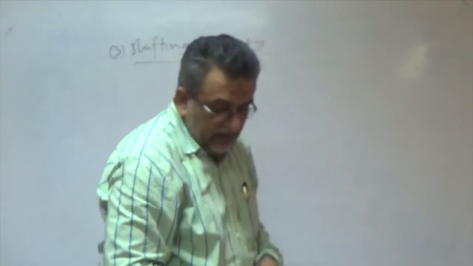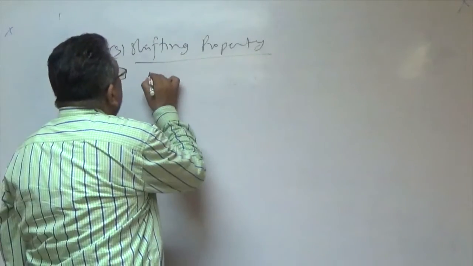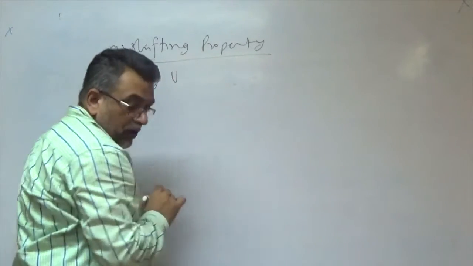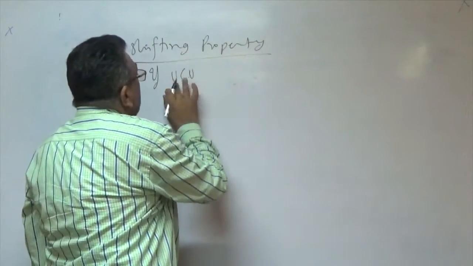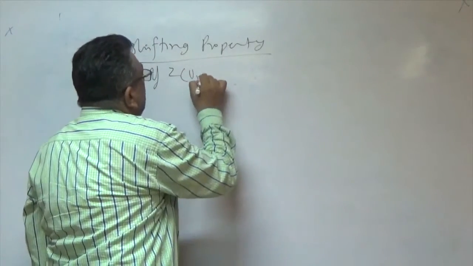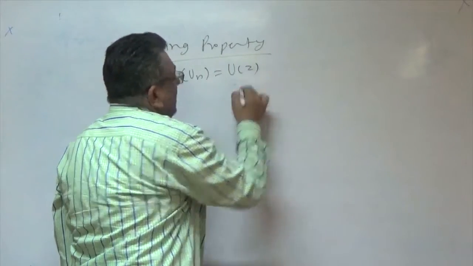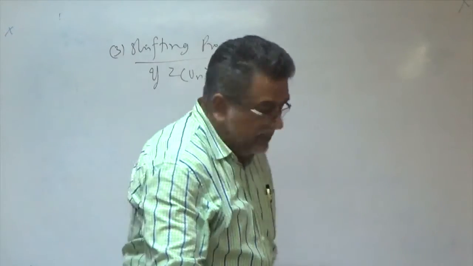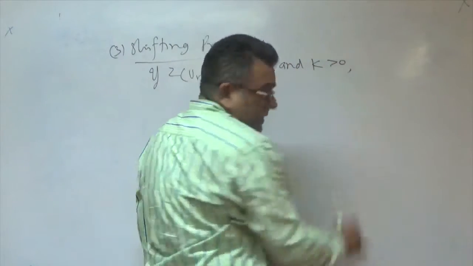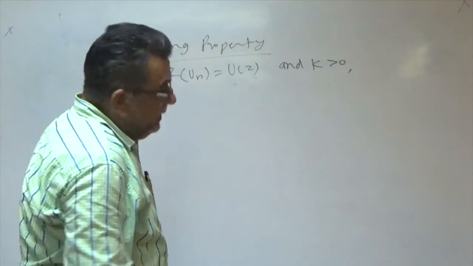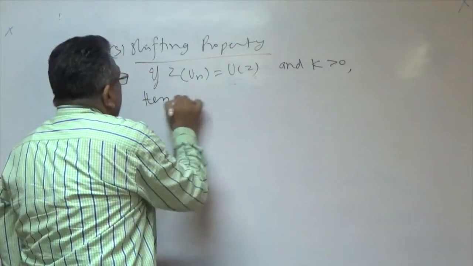The shifting property is: if the Z transform of un is equal to u of z, and k is a positive number, then there are two shifting properties.